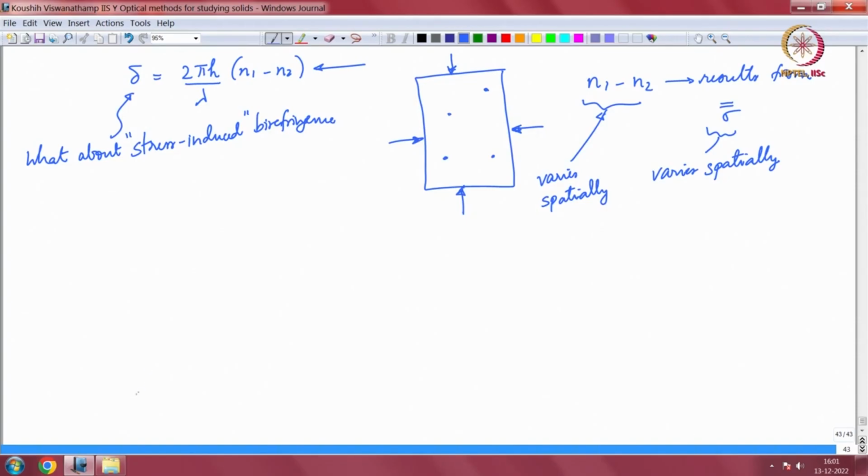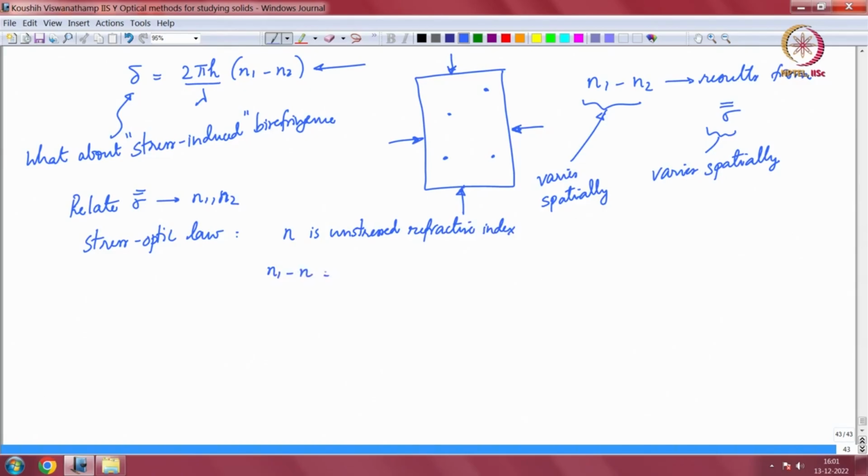So, the general way to relate the stress to these two refractive indices is via something called the stress optic law. And that basically says that if n is the unstressed refractive index of the material, then n1 minus n is C1 sigma 1 minus C2 sigma 2, and n2 minus n is C1 sigma 2 minus C2 sigma 1.